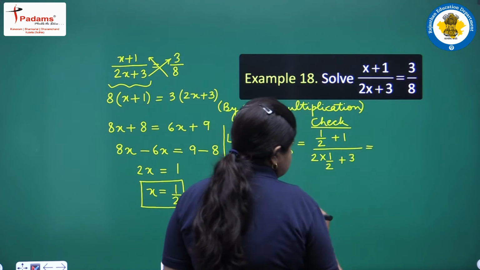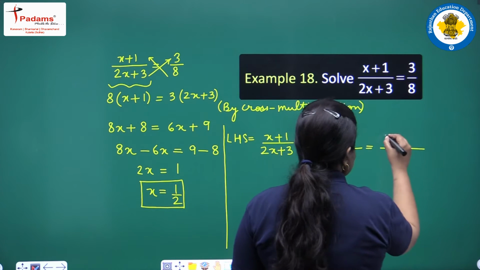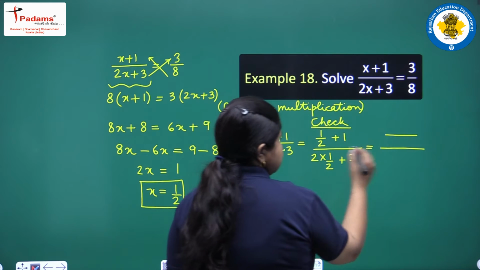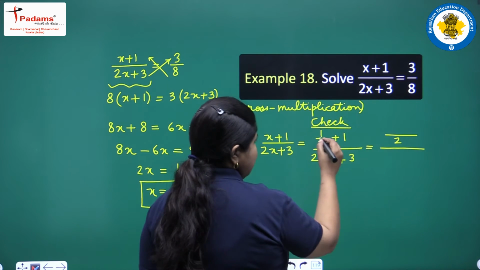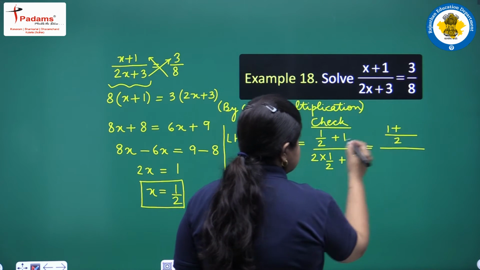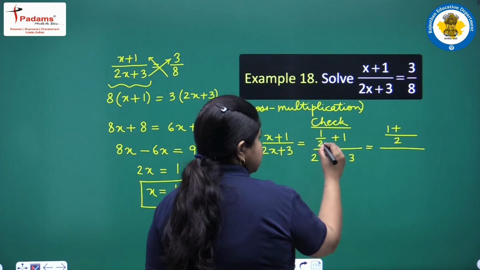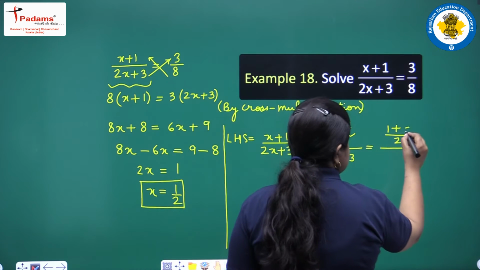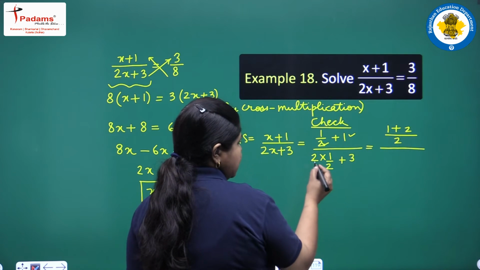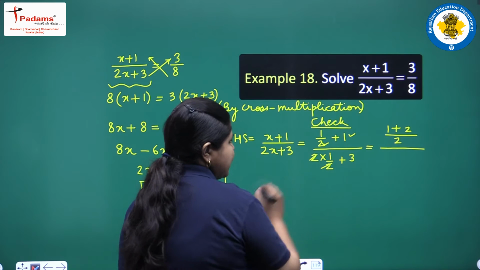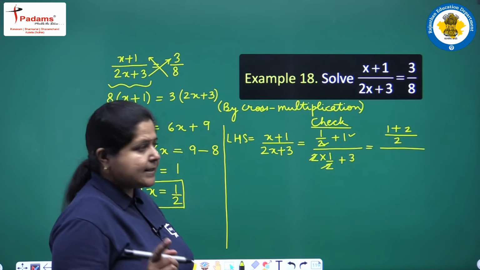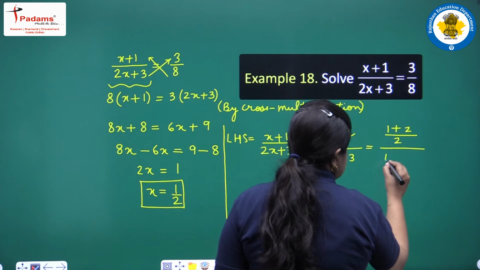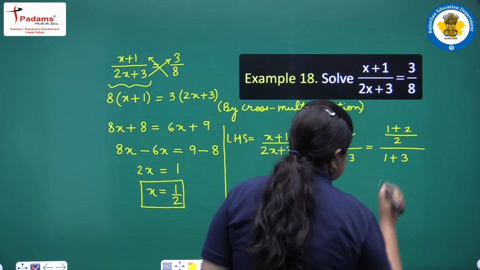In the numerator we will have, here 2 will be the LCM and 1 will be as it is, plus this 2 and 1, this 2 and this 1 will get multiplied. So 2 ones are 2, and in the denominator we can easily cancel this 2 by 2 because there is a multiplication sign. So we are left up with 1 plus 3.